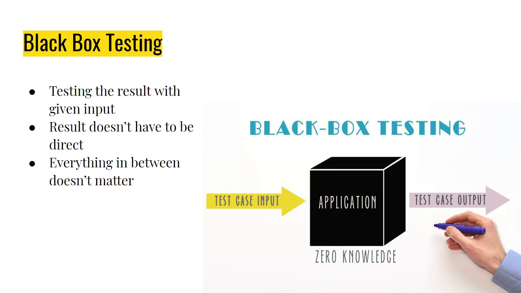Black box is very simple. You have zero knowledge about the application. You just shove some input and expect some output. And you assert it. Black box testing should be the dominant kind of testing, and it should be an attractive way to test things, because it's very easy to pass input and expect some output.